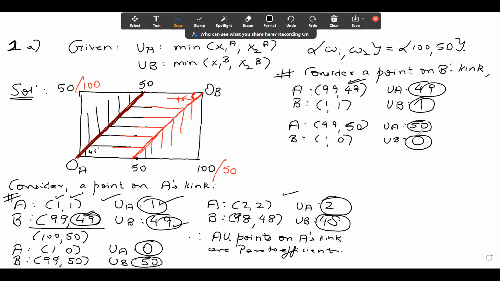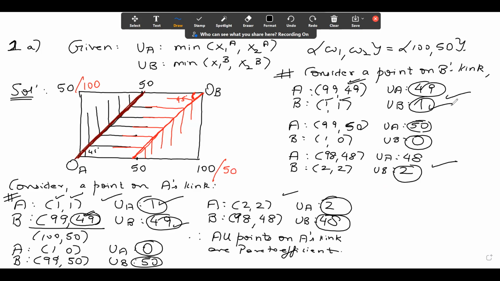You try to make B better off, B becomes better off only when she gets both the units here. So if that happens, B will have 2, 2. A will have 98, 48. Utility which A gets is 48. Utility which B gets is 2. Compare this with this. B has become better off by making A worse off.